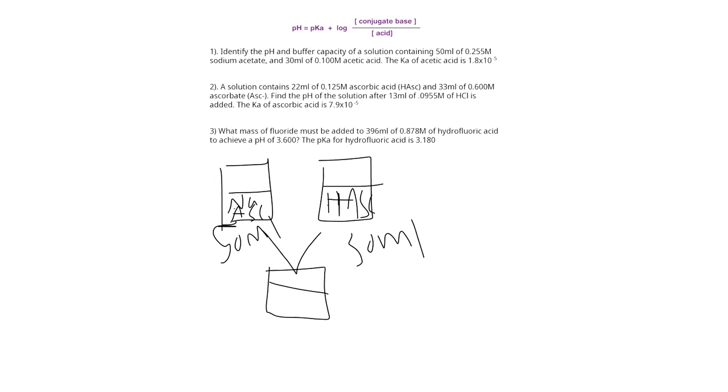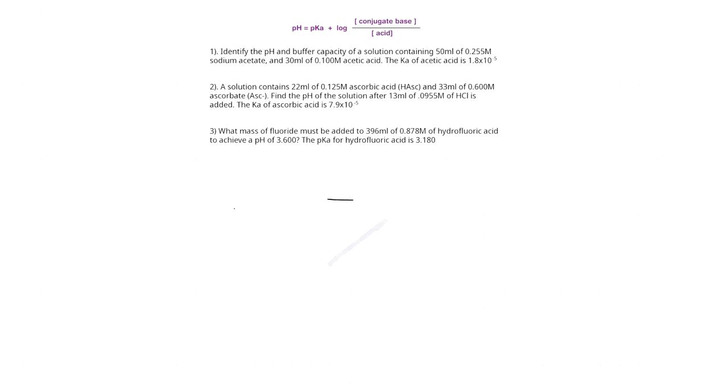So all we have to do is find a new concentration and find the pKa. Here's a little tip for you guys. P to anything, like pH or pOH, is just the negative log of that thing.